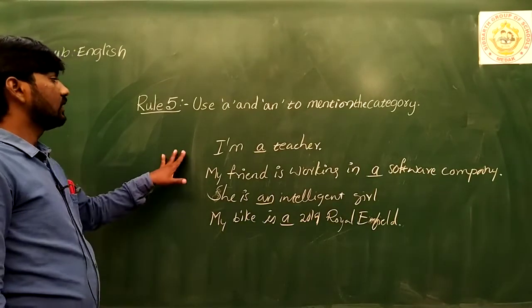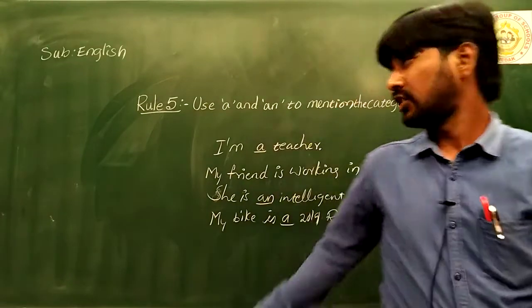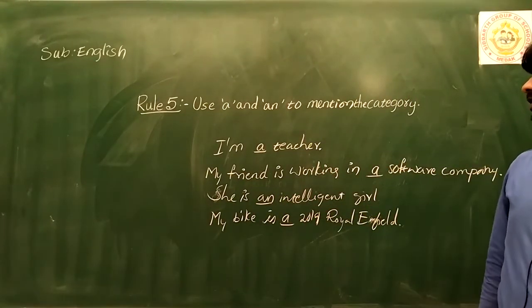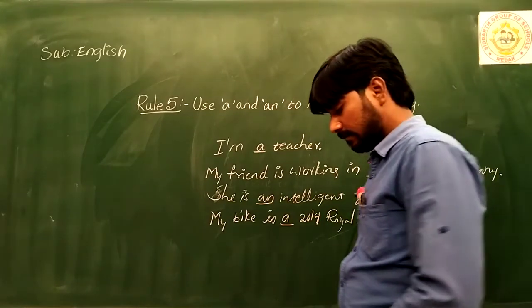So this is the fifth rule: use a or an to mention the category.